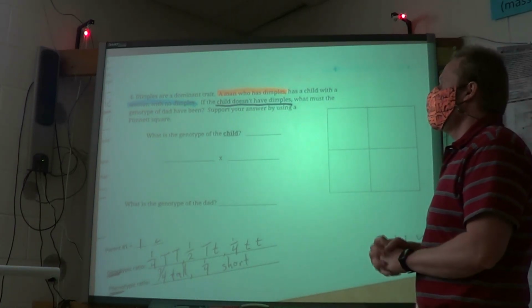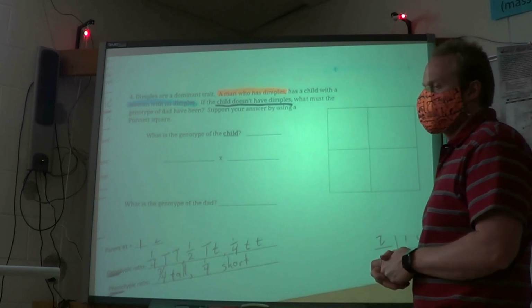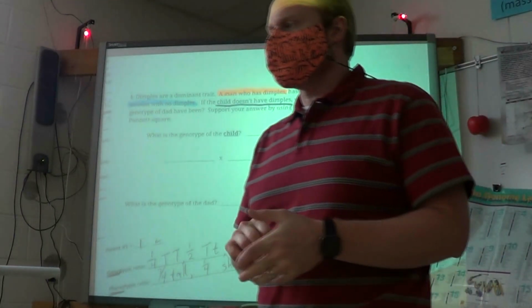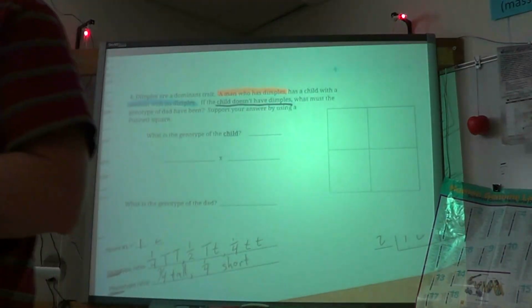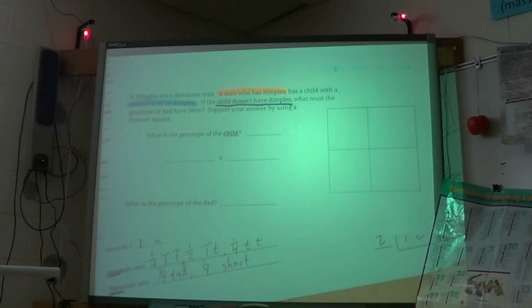Child does not have dimples. So what must the genotype of the child be then? No dimples, dominant or recessive?